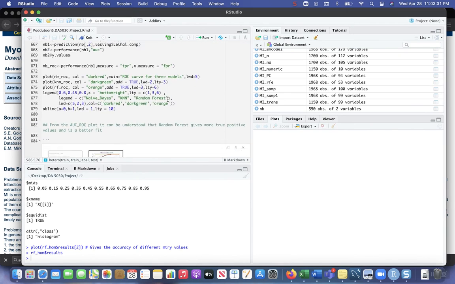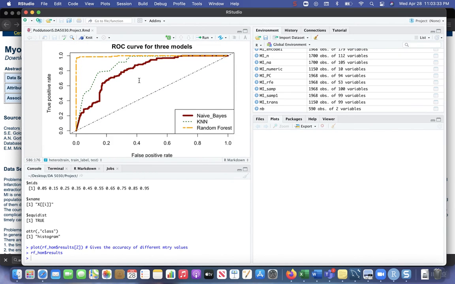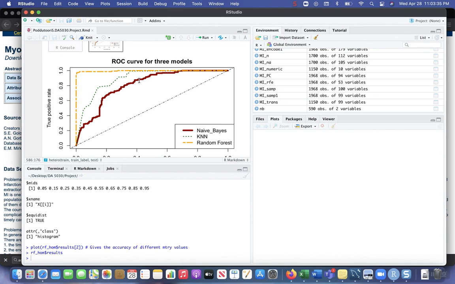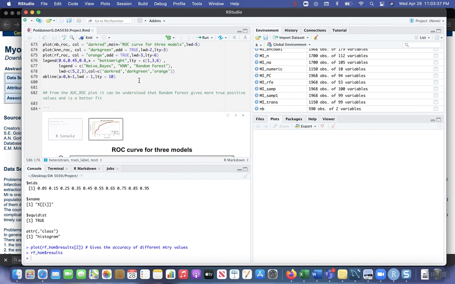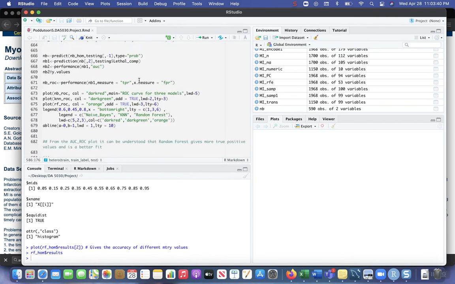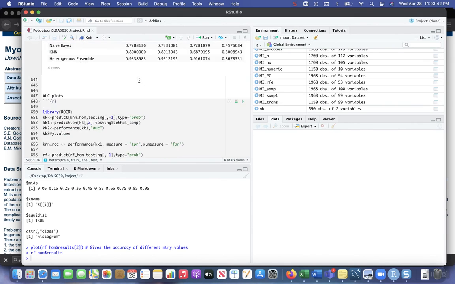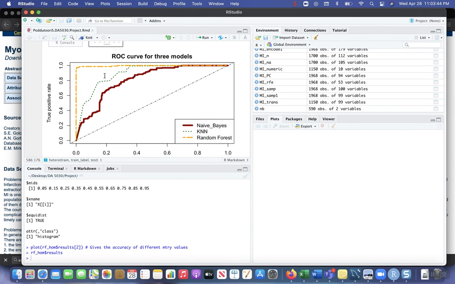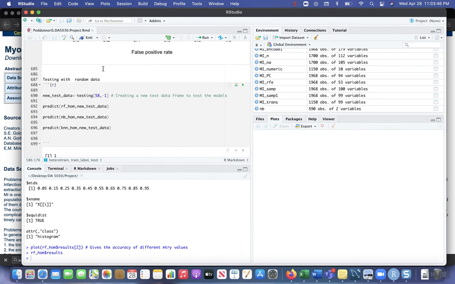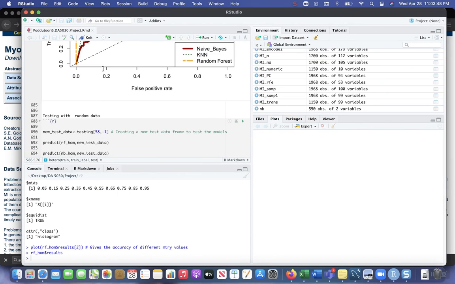And this is the AUC plot, which again confirms what we have seen in the table above. The AUC of random forest is way better than the other models.